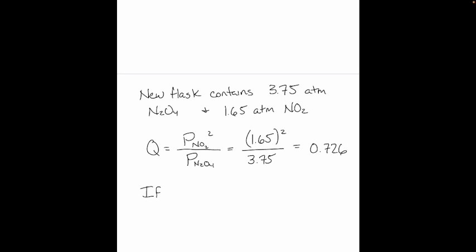If our value for Q is greater than that of K, this will shift towards the reactant side. If my value for Q is less than K, this will shift towards the product side.